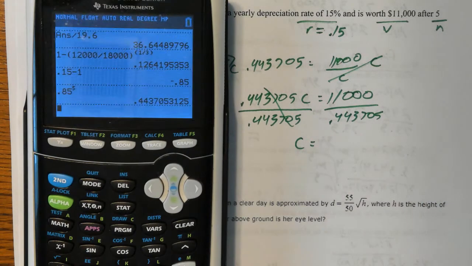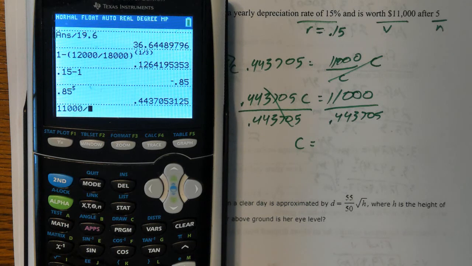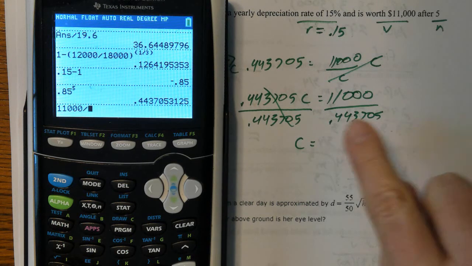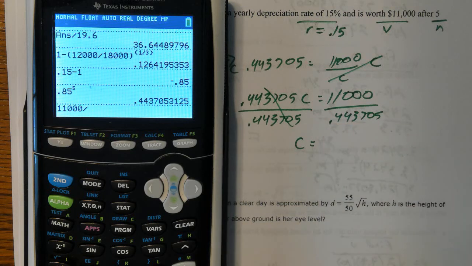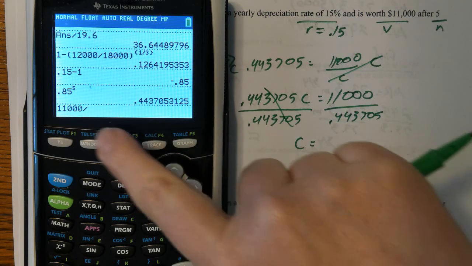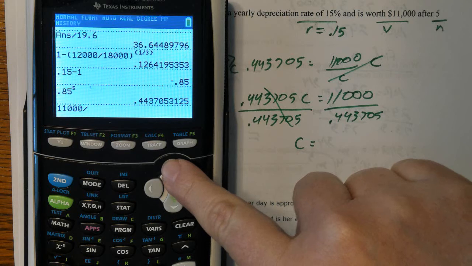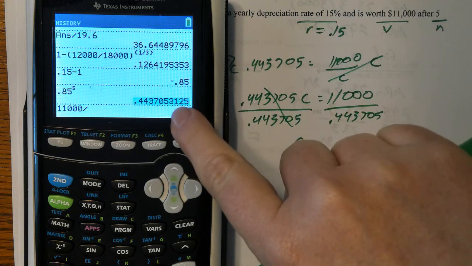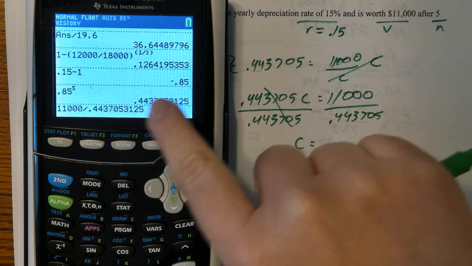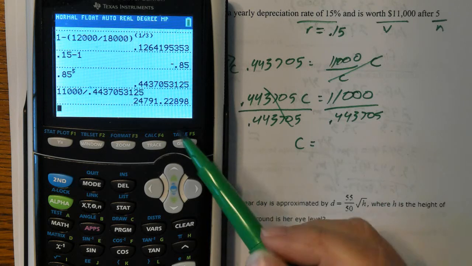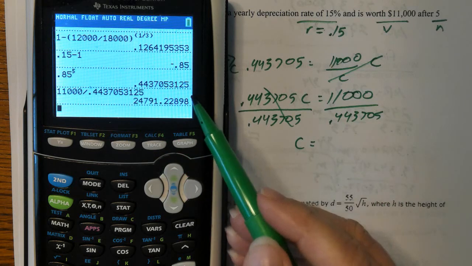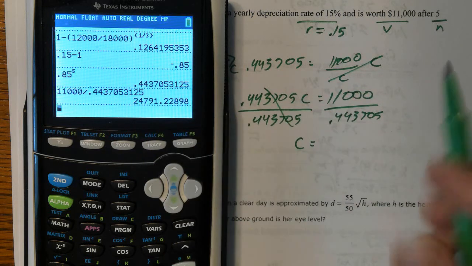Okay, so 11,000 divided by, and I want to divide by that decimal right there, the 0.443. If you're using an 84, after I type my 11,000 divided by, I can arrow up. It's highlighting that number, so I press enter and it copies and pastes it right there. If you're using an 83, you may have to retype that whole decimal. Make sure you type the whole decimal, don't round it off.